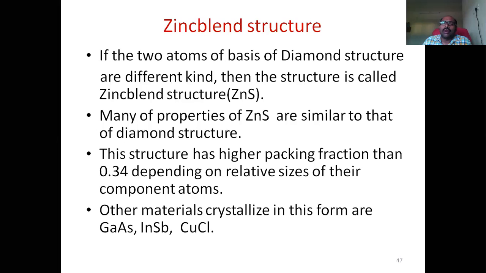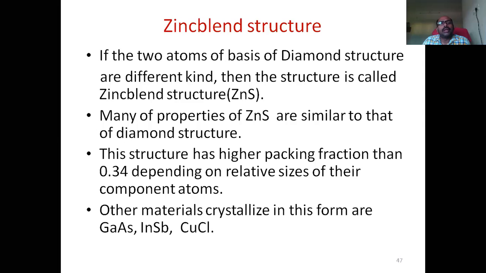The number of lattice points per unit cell is 1, and the number of ions per unit cell is 2. The coordination number is 8, and the second nearest neighbors are 6, and they are at a distance a. The first nearest neighbor distance is root 3a by 2.